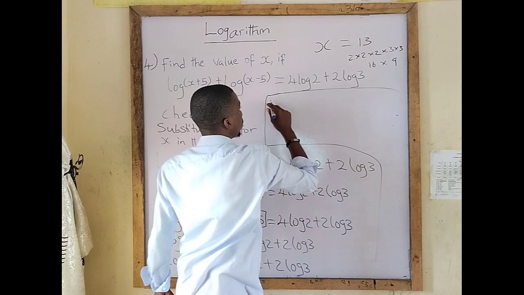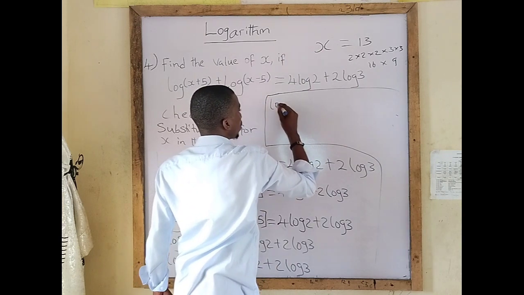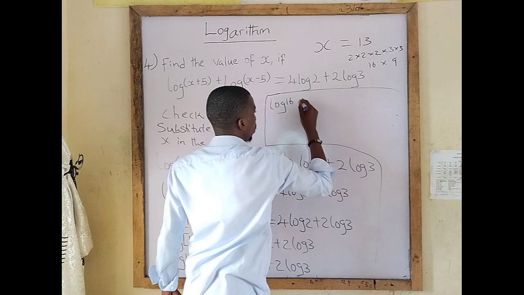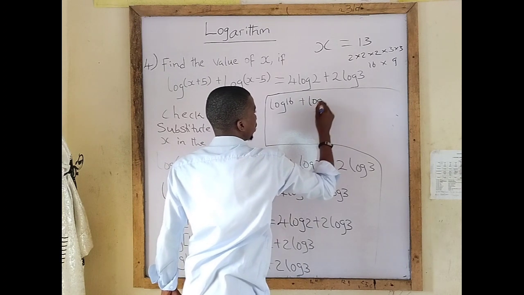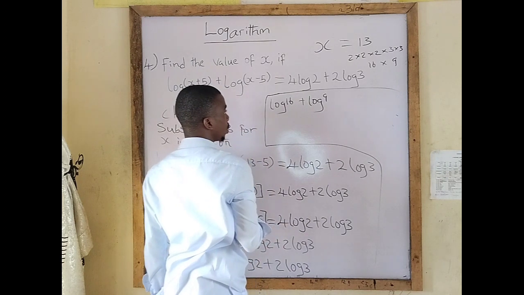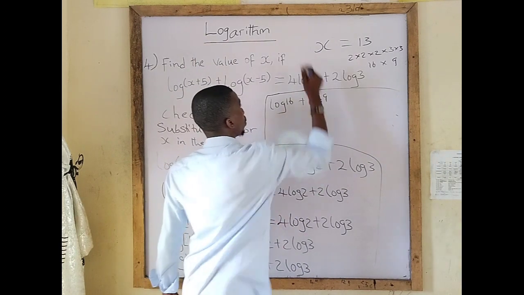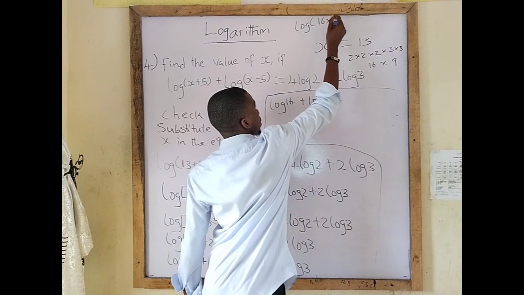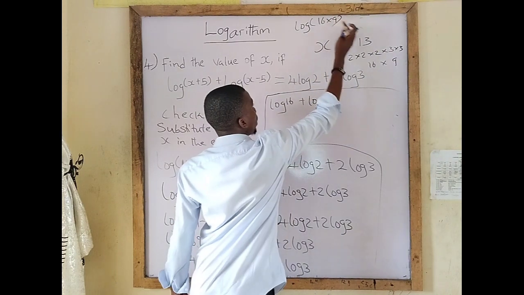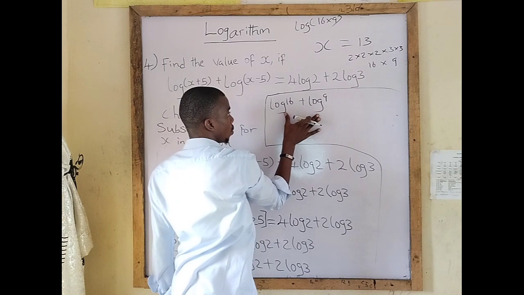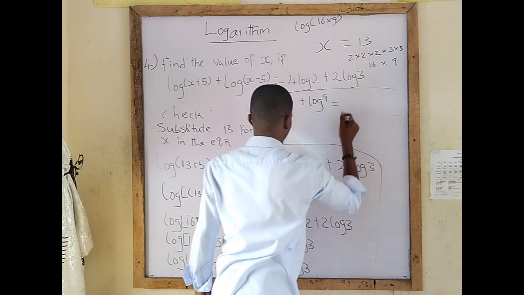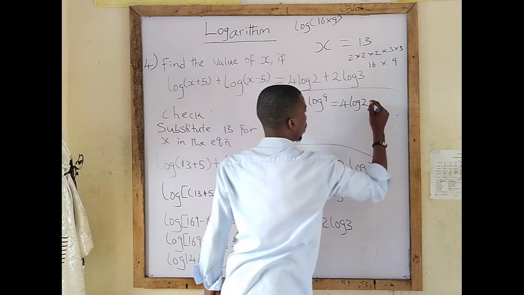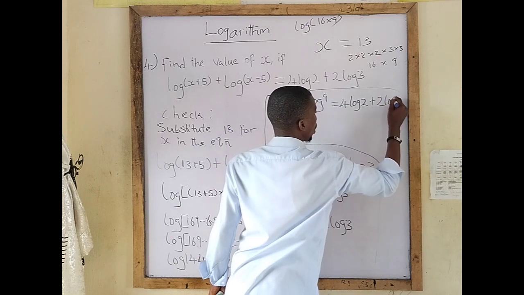So we have log 16 plus log 9. Because if you multiply these two logs, this will be log of 16 times 9. So we are taking this backwards, so that this is equal to 4 log 2 plus 2 log 3.